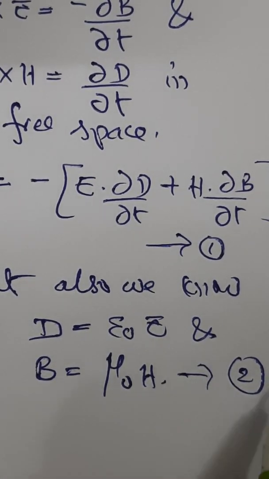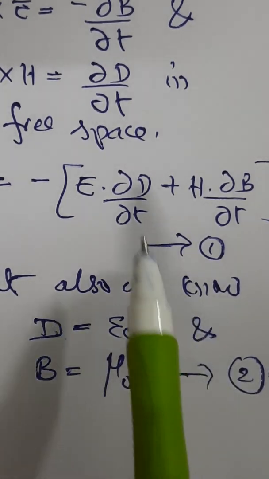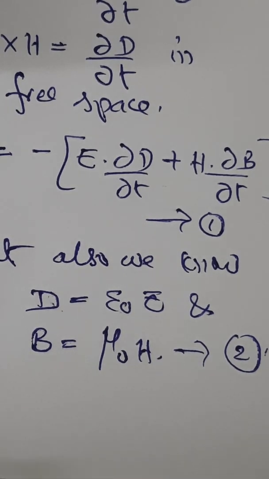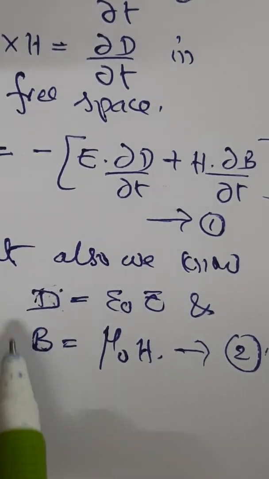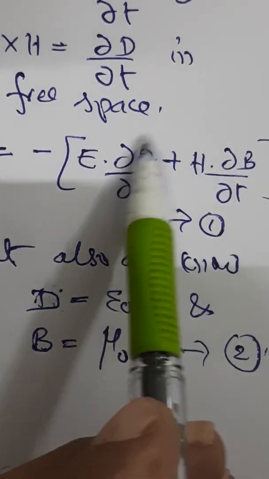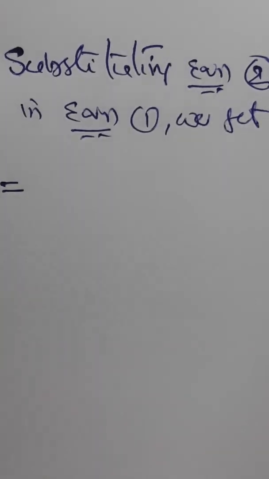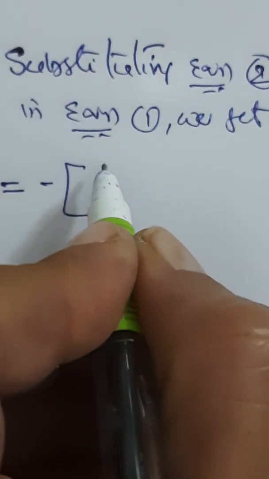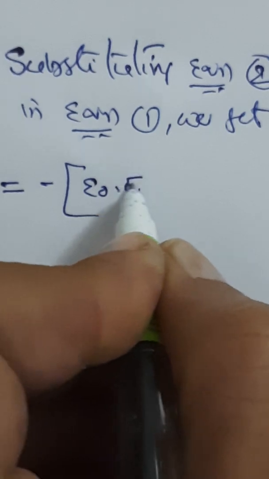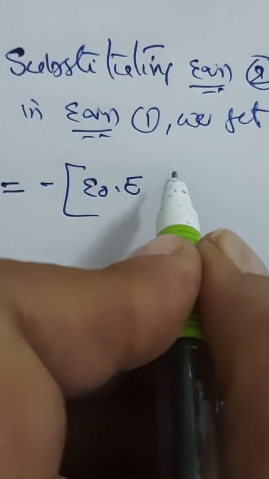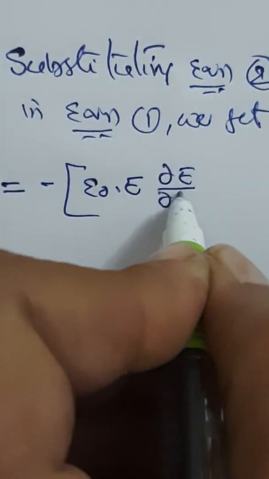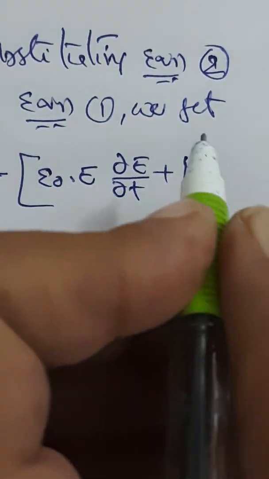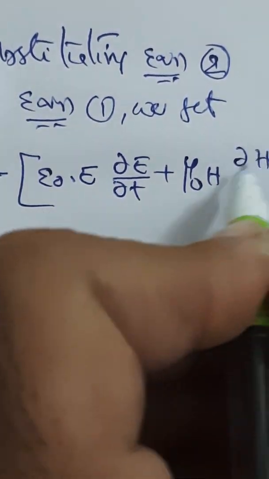Now substitute these values from equation 2 in equation 1. We shall see what we will get. That is, putting these values of D and B here, what we will get is minus of epsilon naught into E into dou E by dou T plus mu naught H into dou H by dou T.